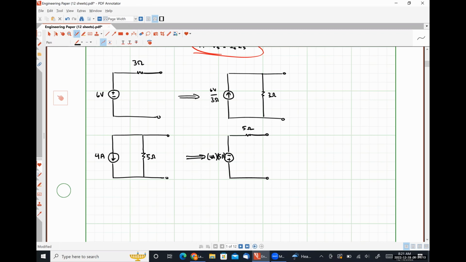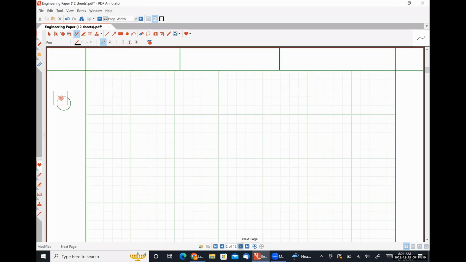All right. So let's look at a circuit where we might actually use this. Let's start down here. So here I have a 5 amp source connected to a 3 ohm resistor.